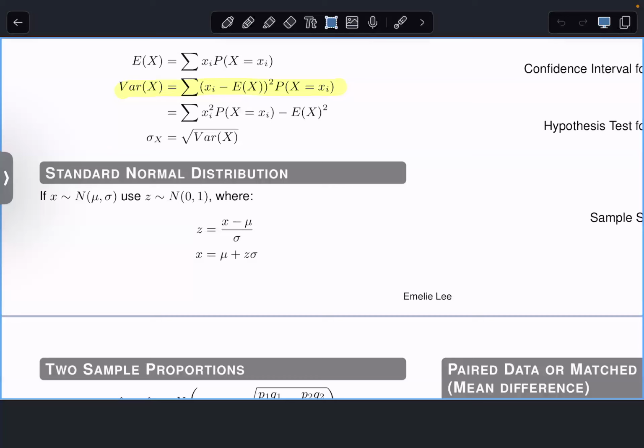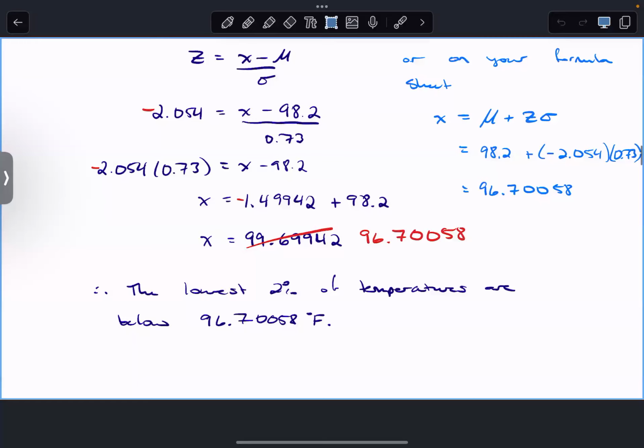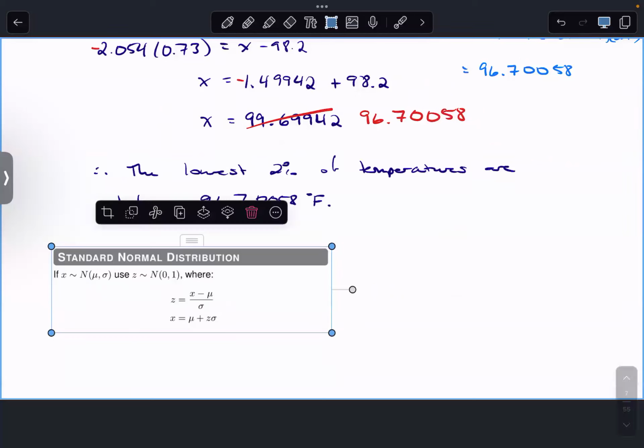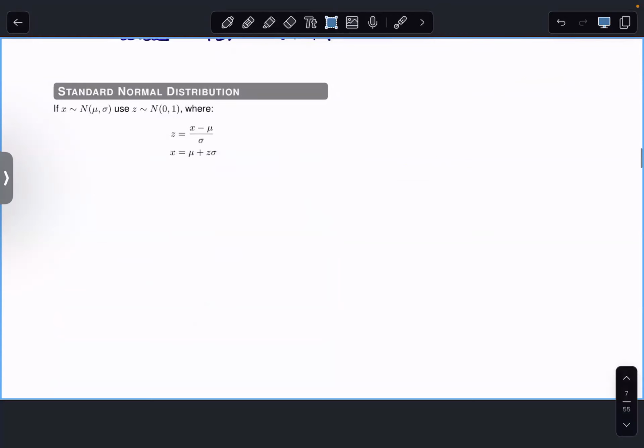It's just rearranged. Rearranged on your sheet. Okay, that makes sense. Yeah. Just secret derivations. I'll sneak it on here just for completeness. Okay. Any other questions about that one? Okay.